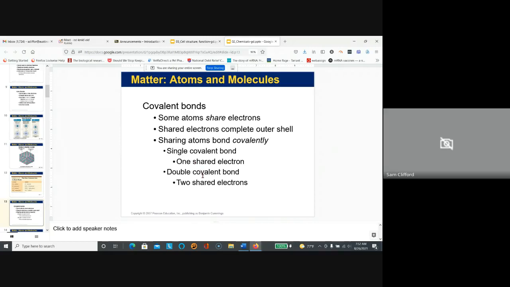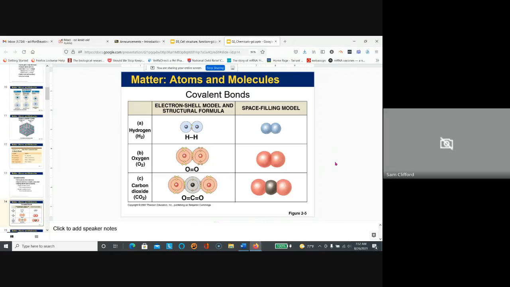Sharing two pairs, one from each atom, is a double covalent bond. So hydrogen shares a pair. Hydrogen exists as what's called a diatomic molecule. Oxygen is diatomic. Oxygen shares two pairs. Each line represents a pair of electrons.